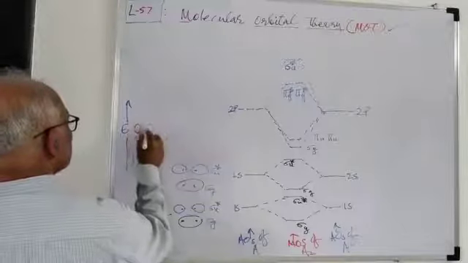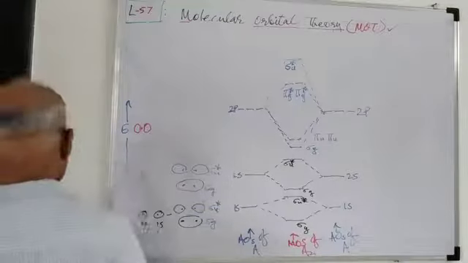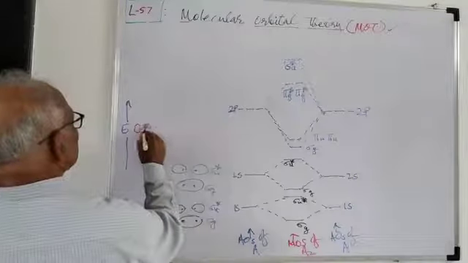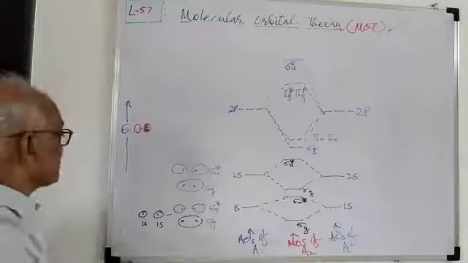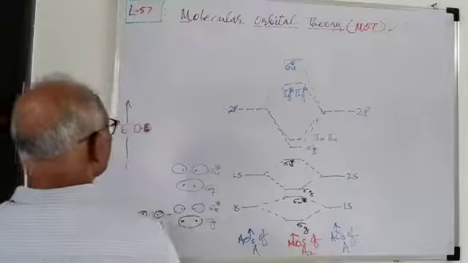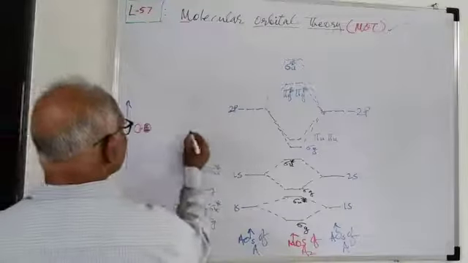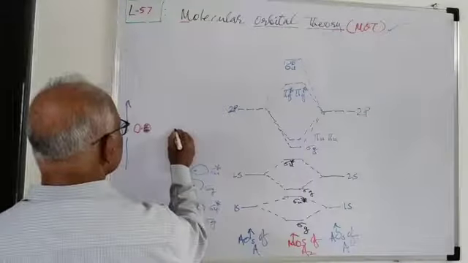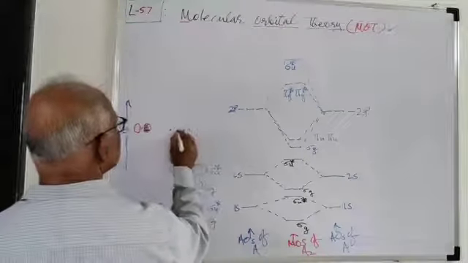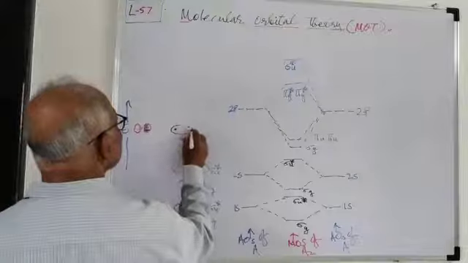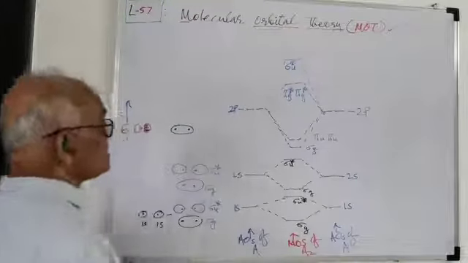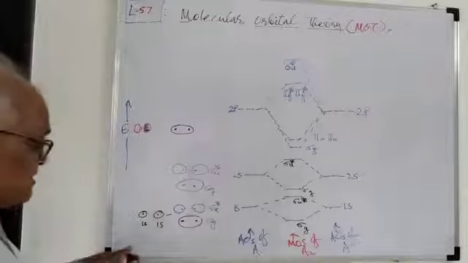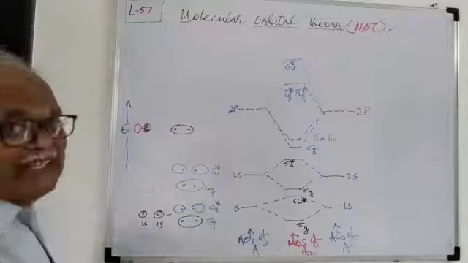So these are the two lobes, out of which one is having plus sign, one is having minus sign. So they will undergo linear combination to form these molecular orbitals like this. So the two pz orbitals are there.